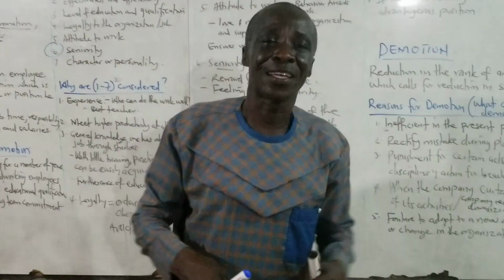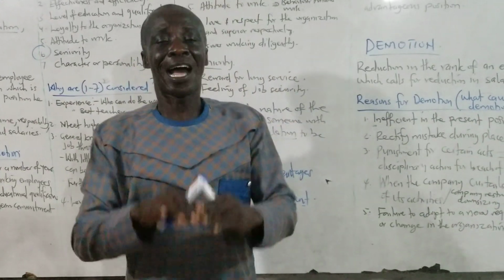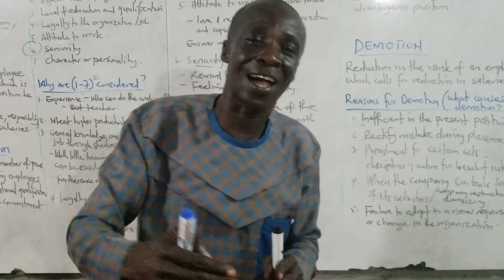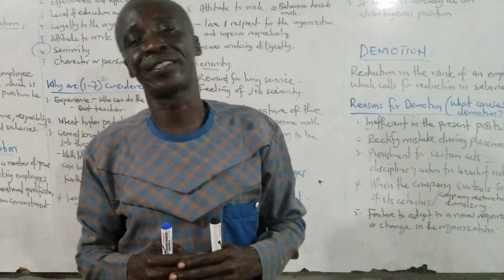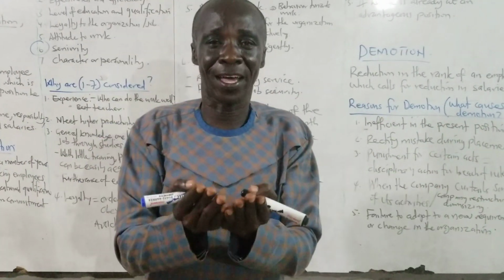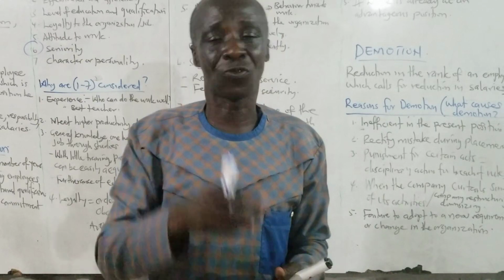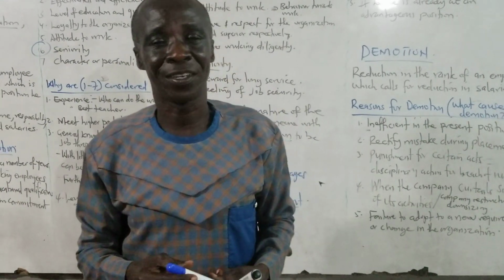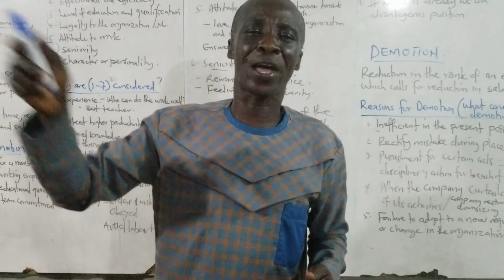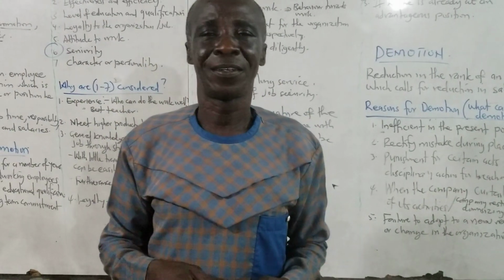Then I have worked as a teacher in a senior high school for 23 years. So the two together, 4 plus 23, I have 27 years. But I may go somewhere and I may not be senior.